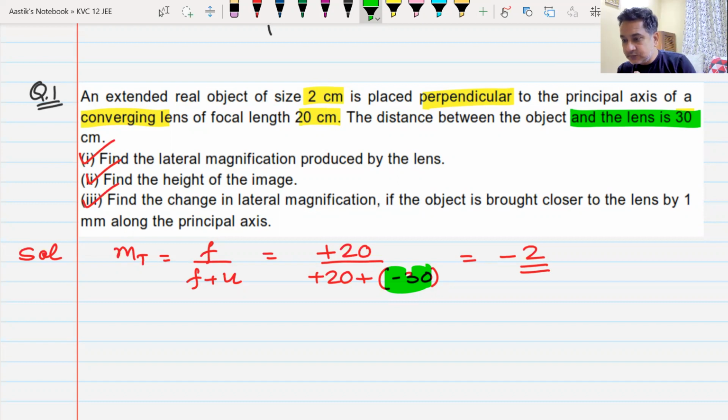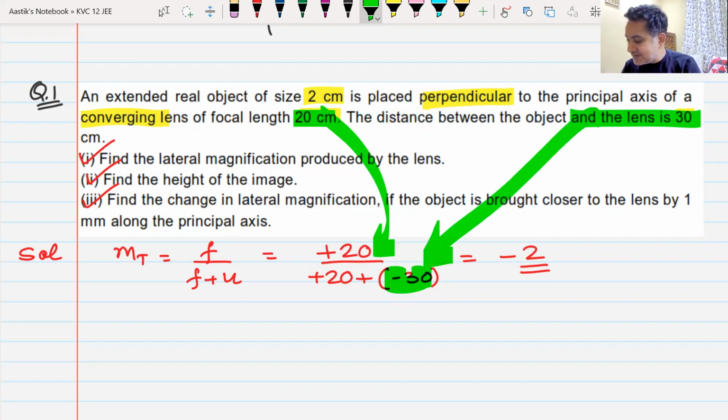Got it? Converging lens, focal length is positive. U, the object distance, is negative. The magnification is minus 2.